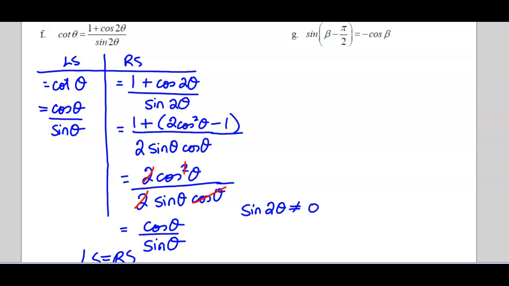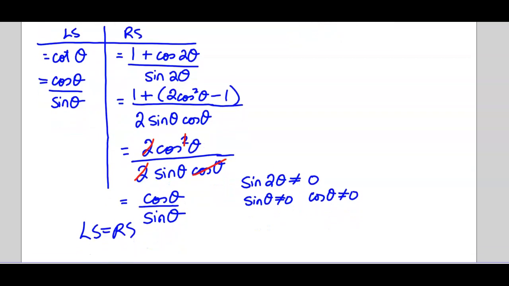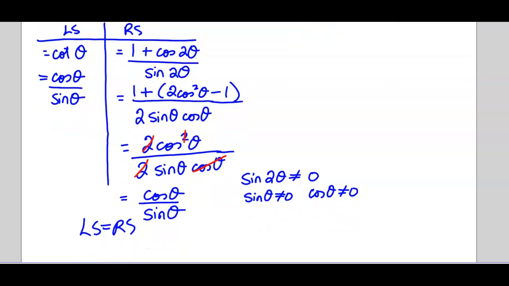It's equal to the product of those two. So this leads to sine theta cannot be 0 and cos theta cannot be 0. Next week, we'll be solving trig equations, and we'll be able to answer this right away from here. We won't have to split it up. But this gives those, so those can't be 0.